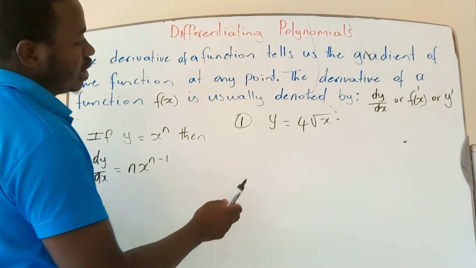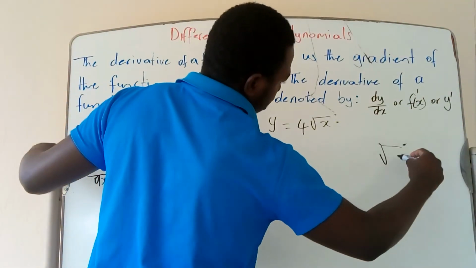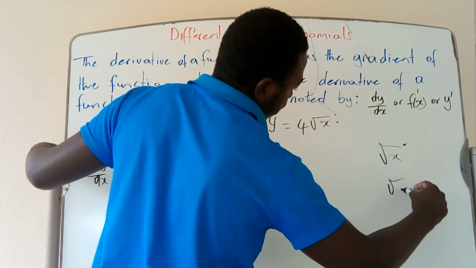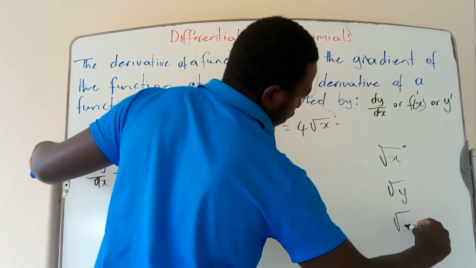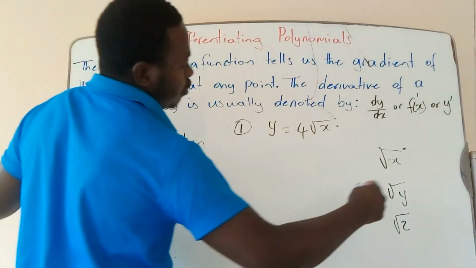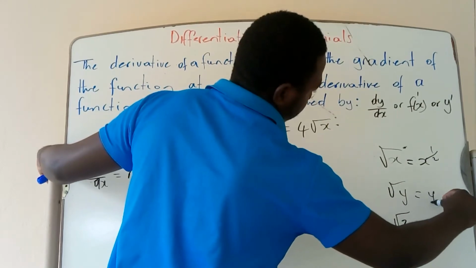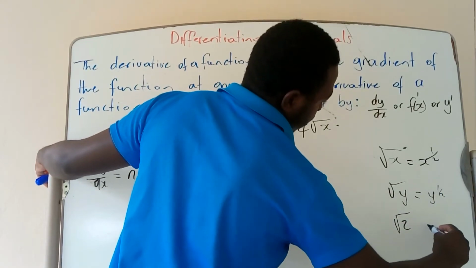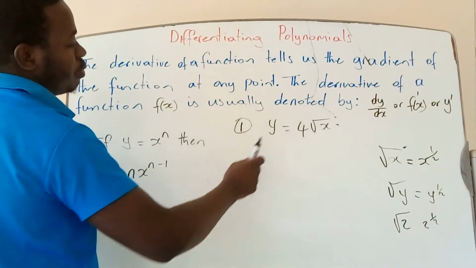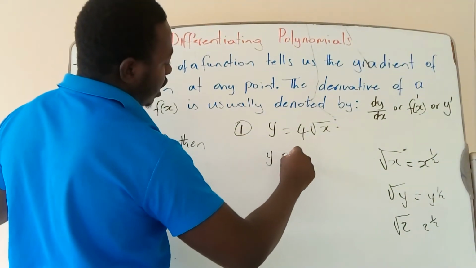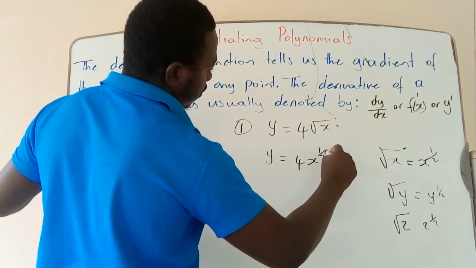Well, anything that is written as a root of something, like the square root of x or the square root of y or the square root of 2, can be rewritten as x to the half, or y to the half, or 2 to the power of a half. So we can use that knowledge to rewrite this problem: y is equal to 4x to the half.